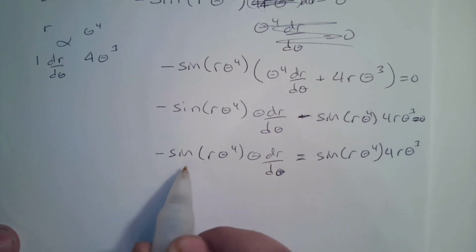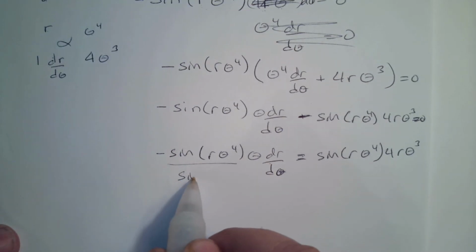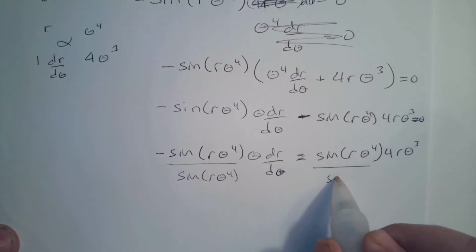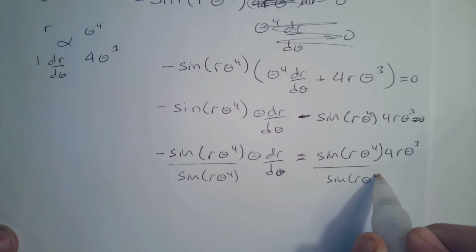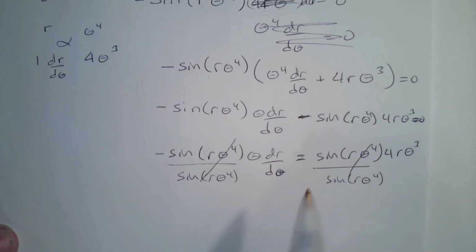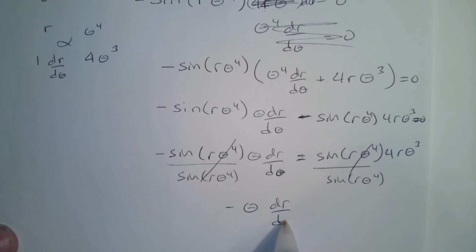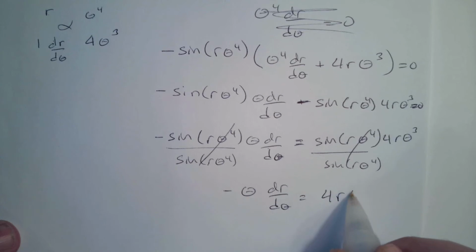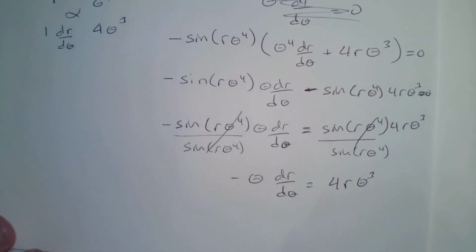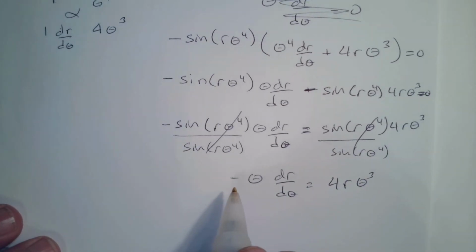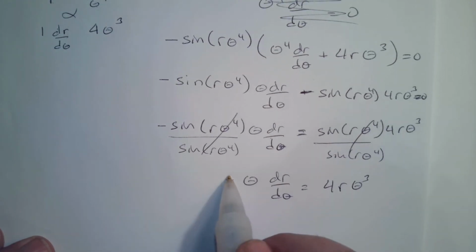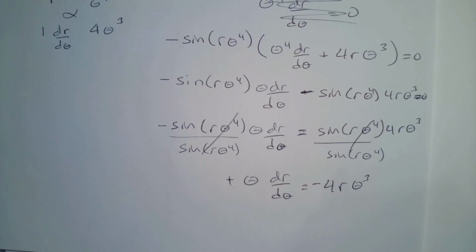I'm trying to get dr, so I divide both sides by sine of r theta to the fourth. So that's gone, that's gone. Change the sign, so that becomes positive, that becomes a negative.